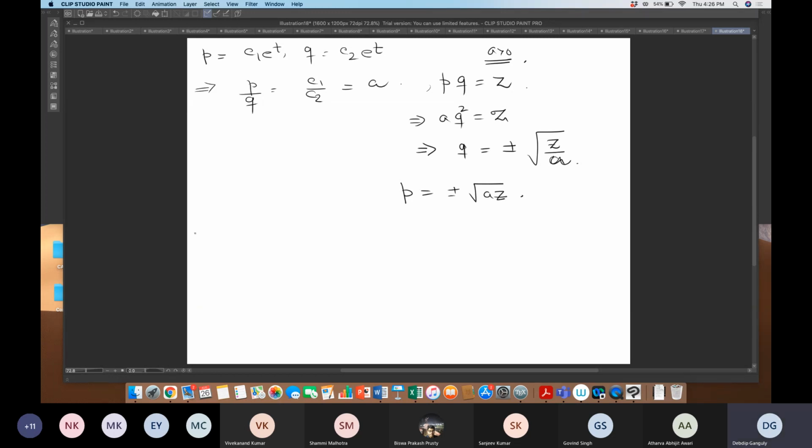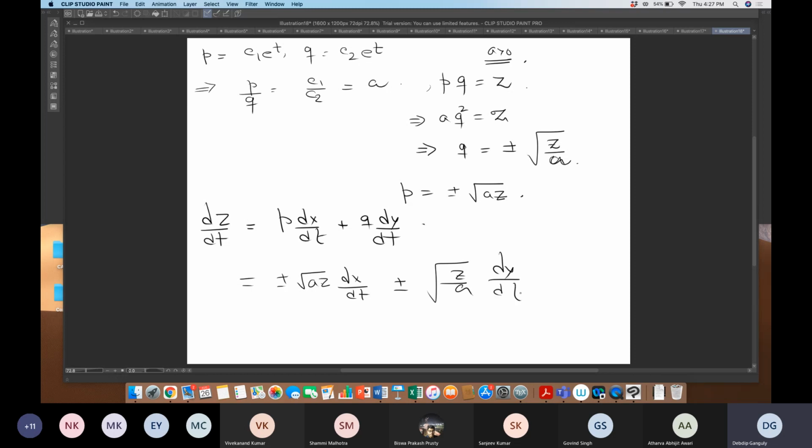Now we know that also dz by dt is equal to P dx by dt plus Q dy by dt. So this is plus minus root AZ dx by dt plus minus root over Z by A dy by dt.